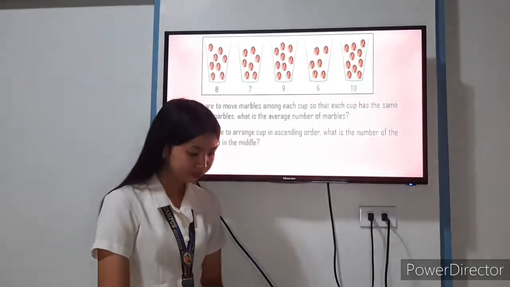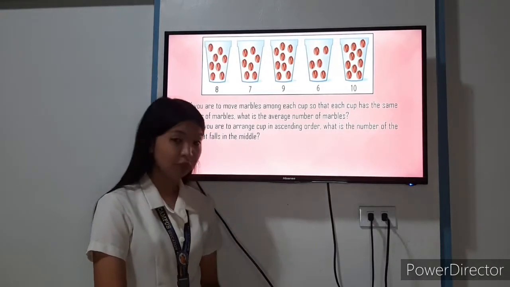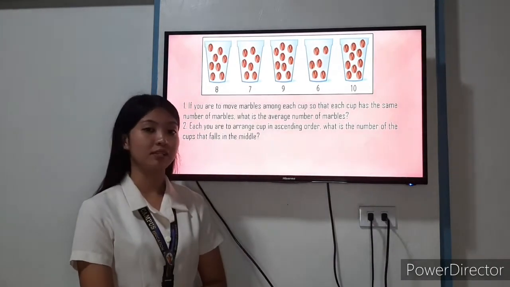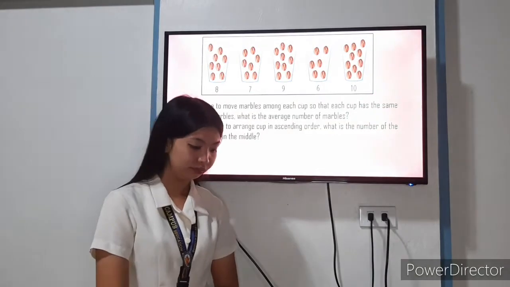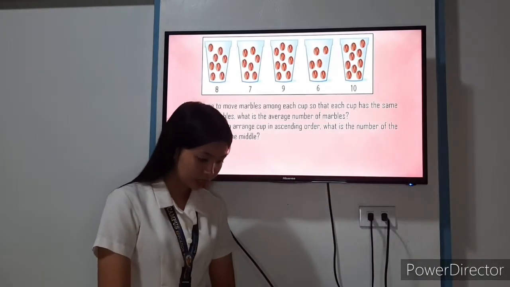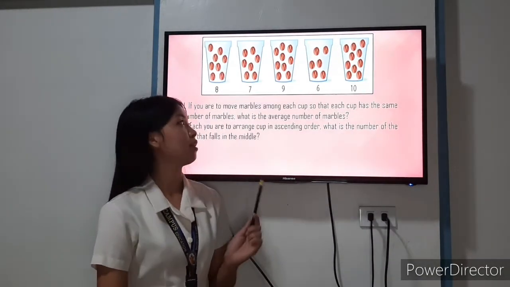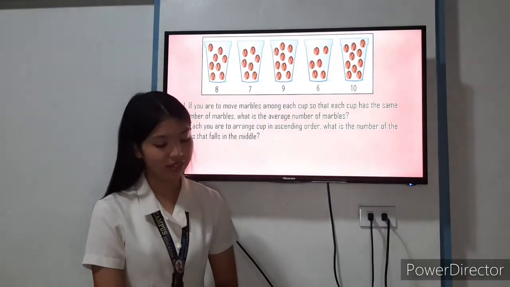The next one, we're going to arrange these cups from ascending to descending order, and you will find out what falls in the middle.